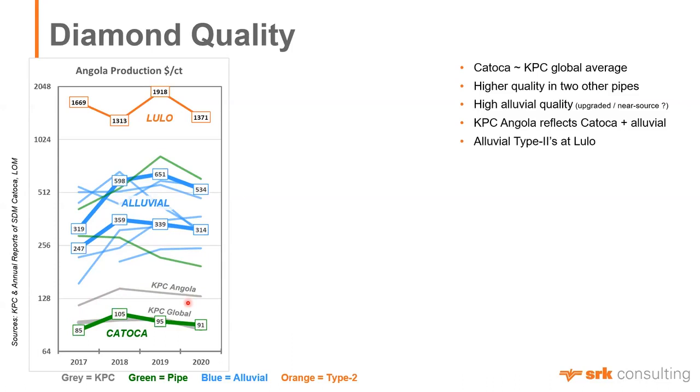And then in orange, right at the top of the graph, we'll speak a bit about that project as this talk evolves. There are type 2 diamonds at Lulo. They fetch really high prices, and so they've attracted a lot of attention. It's a prime product that's now coming out of Angola.